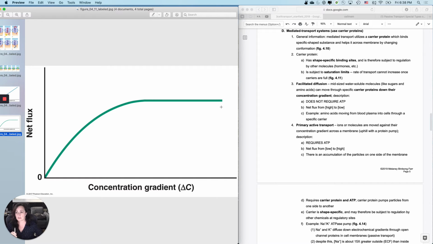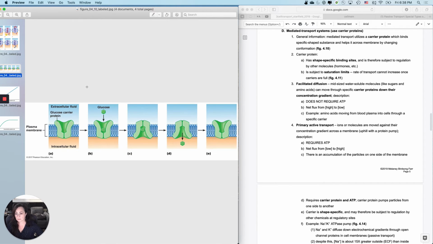And then doing it this way, diffusion through a carrier is going to be slower still. So why would you do it? Well, remember that you will do it when you have to, when all of the other ways don't work. If I'm trying to move glucose, it's water soluble. It's not going to diffuse straight through the cell membrane. It's too big for a channel. And so plan C is going to be diffusion through a carrier, which is going to be slower.